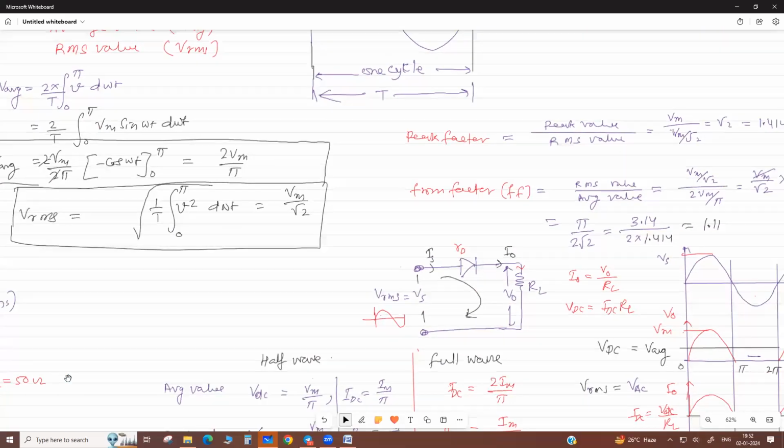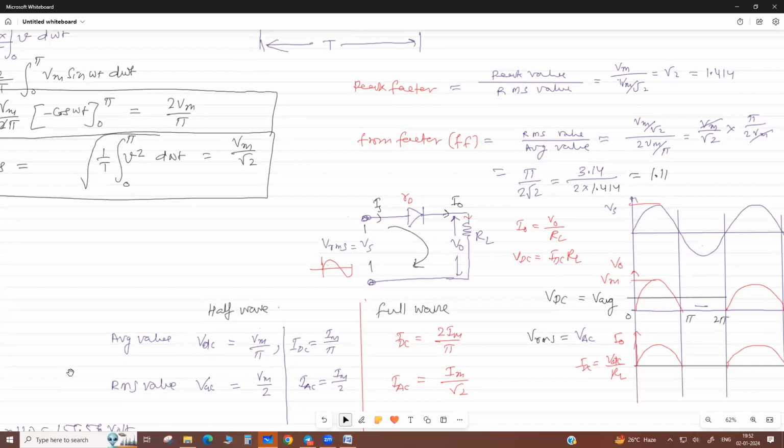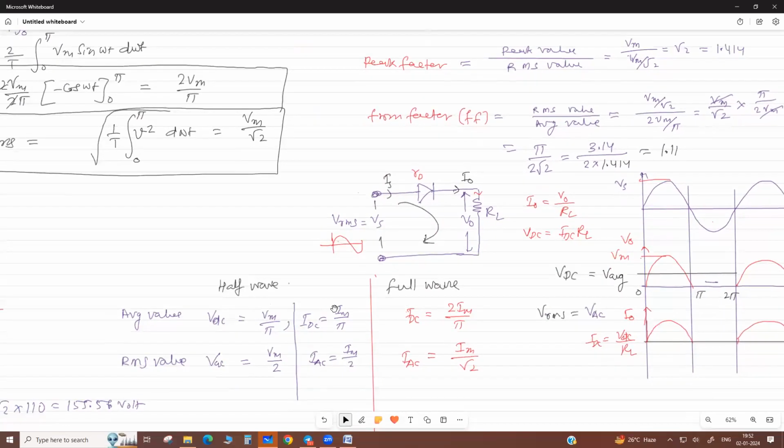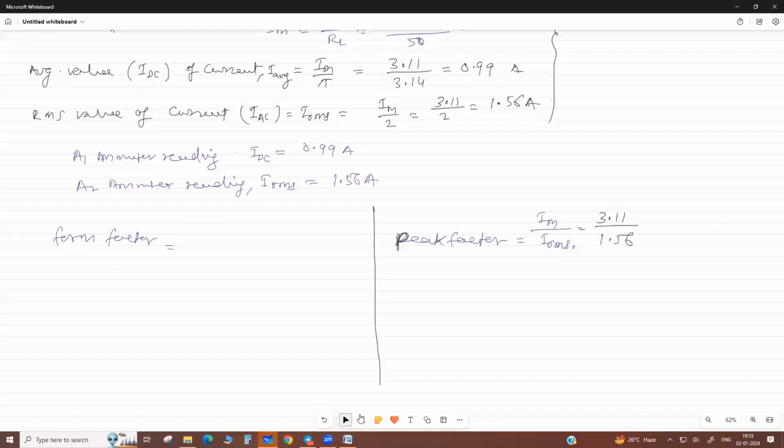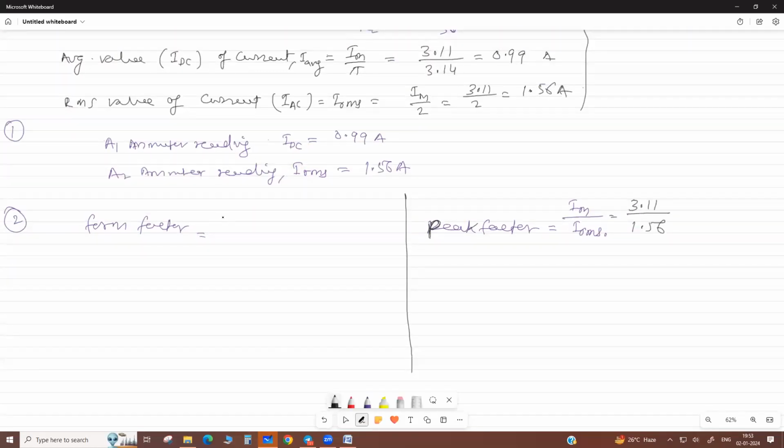Peak value by RMS value is the peak factor and RMS by average is the form factor. तो ये होगा I RMS by I average in DC.